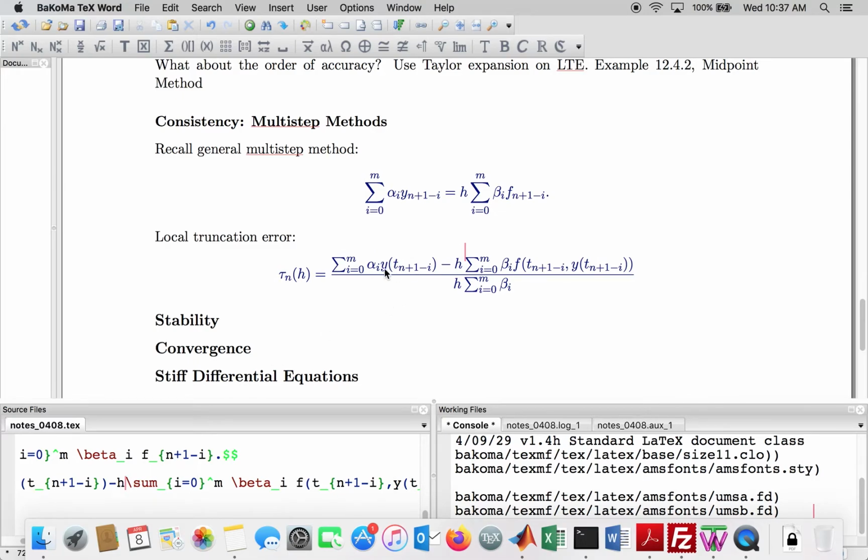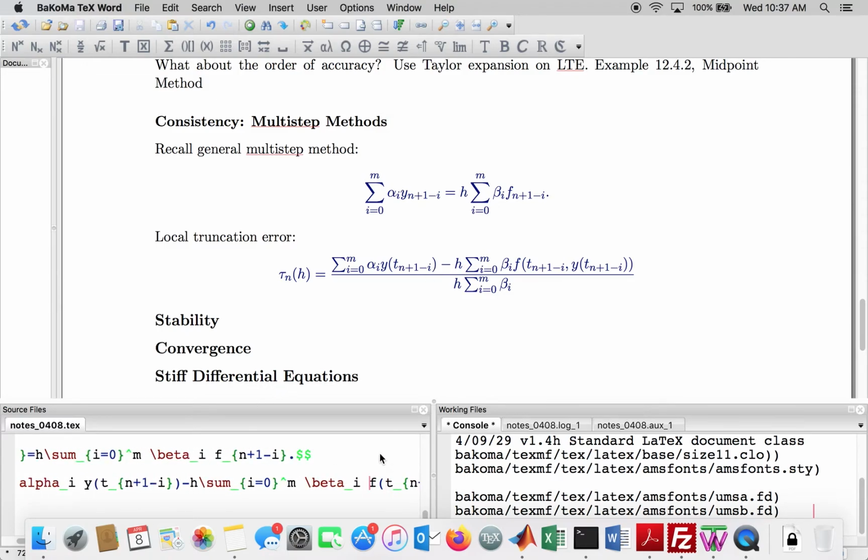So that way, if I broke this up into two fractions, and I let h go to 0, this part right here over the denominator would converge just to f of tn, y of tn. So therefore, what's over here ought to converge to y prime of tn. So again, this is a normalization convention.